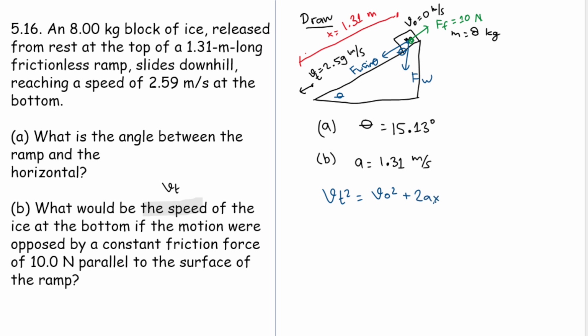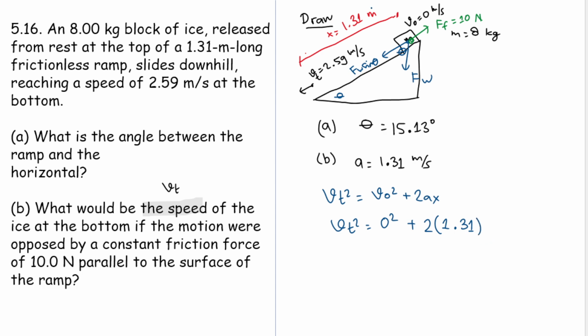Because it starts from rest, Vt squared is 0 squared plus 2 times the acceleration, which is 1.31.